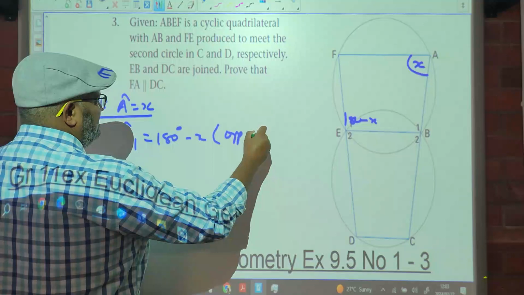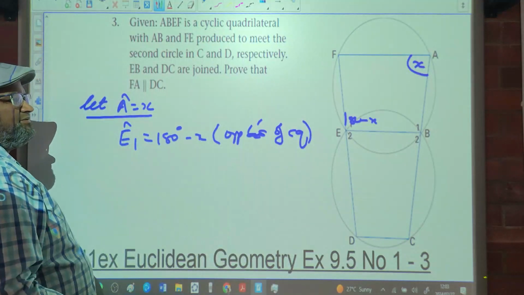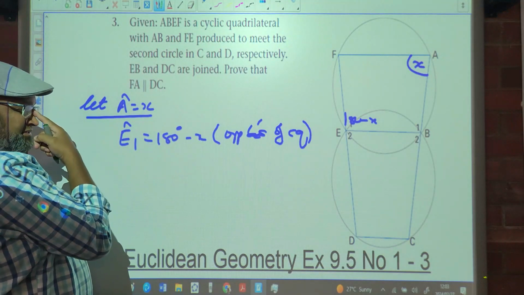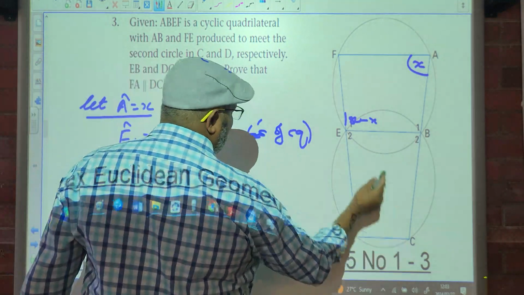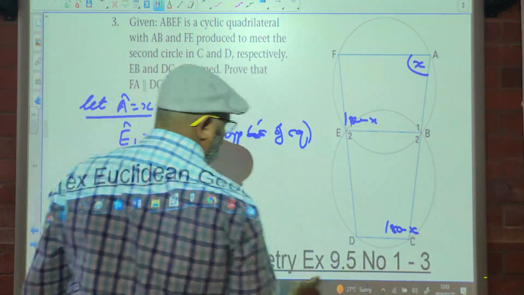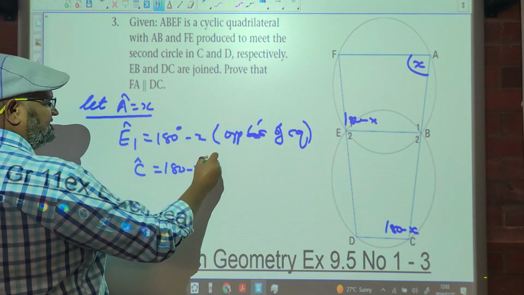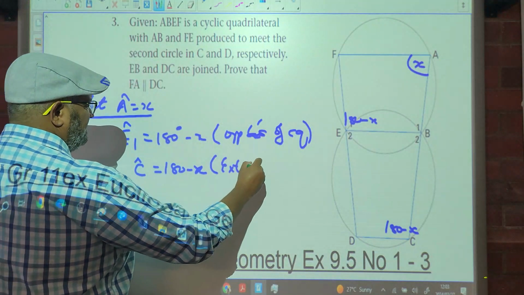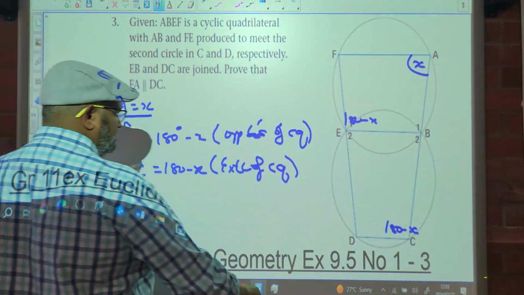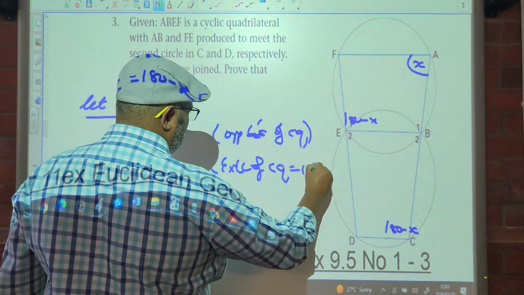Opposite angles of a cyclic quad are supplementary. And then, angle C is equal to what? Angle C is equal to E1, why? Here we go. Angle C is equal to 180 minus X. Exterior angle of a cyclic quad equals the interior opposite.